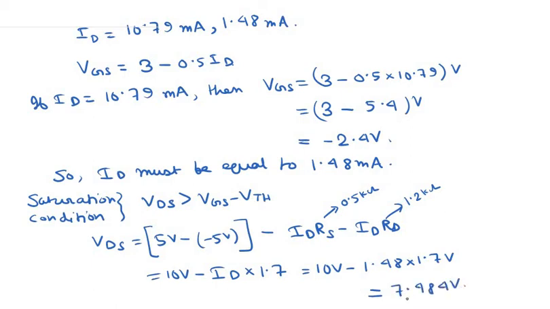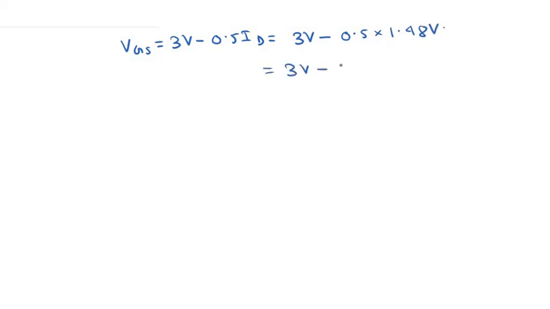So we have the value of VDS, and let us check if the saturation condition, that VDS is greater than VGS minus VTH, is valid. What is the value of VGS? VGS is basically 3 volts minus 0.5 ID, which is equal to 3 volts minus 0.5 into 1.48 volts, 3 volts minus 0.74 volts.